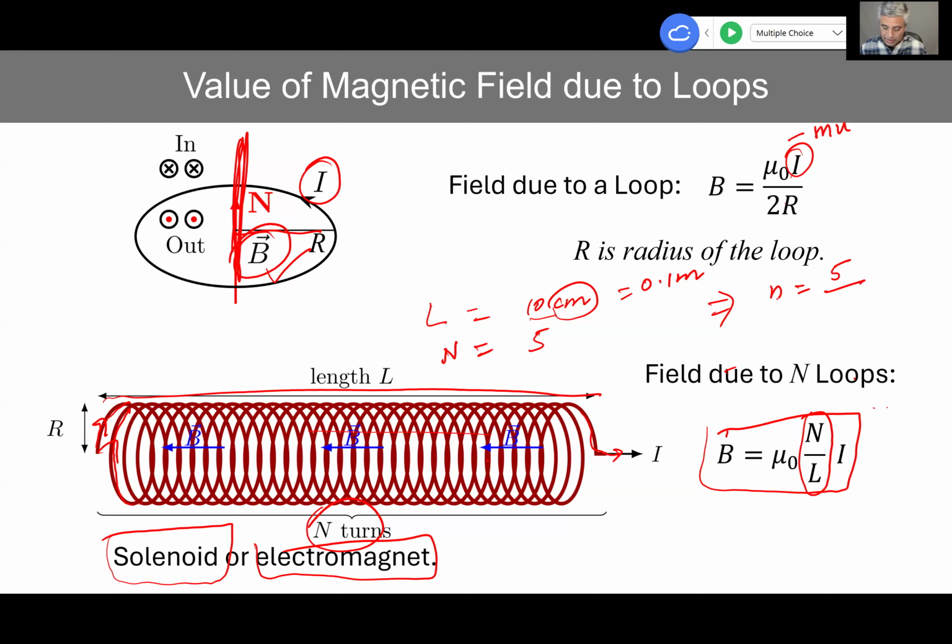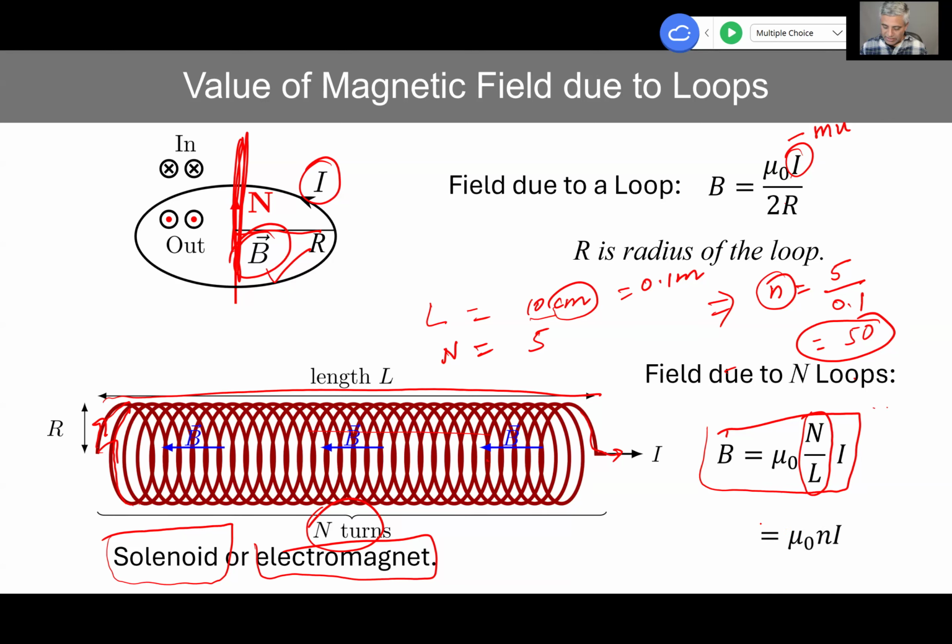Basically we divide N by the length, which is 0.1. So when I divide 5 by 0.1, this is 50. So in 1 meter, there are going to be 50 loops, right? So 50 loops per meter. That's the number density, and we denote that by lowercase n.